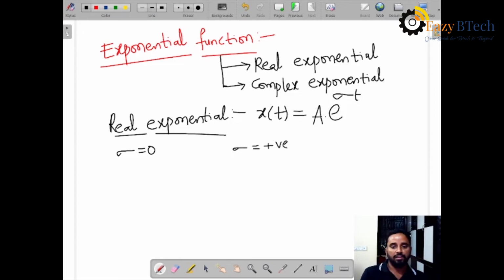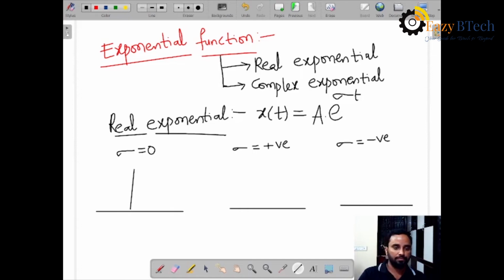In the third case, sigma is negative. So three plots I am going to give.